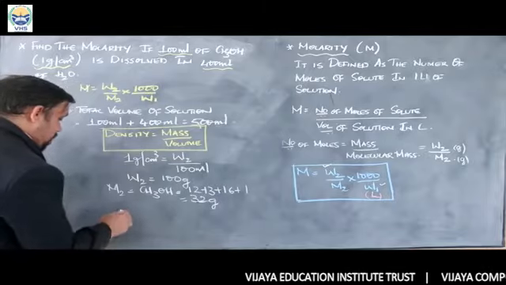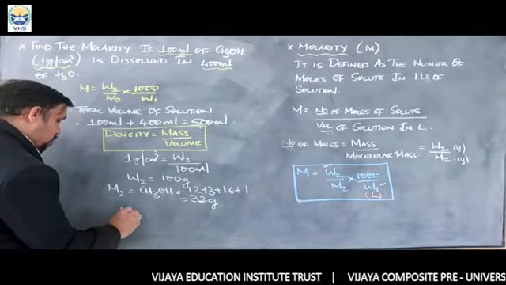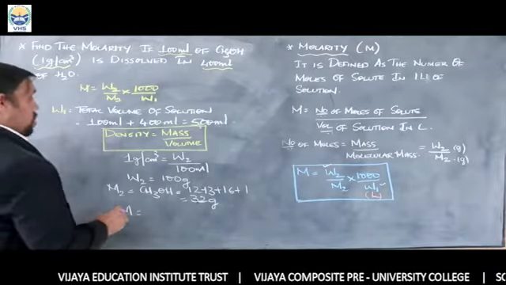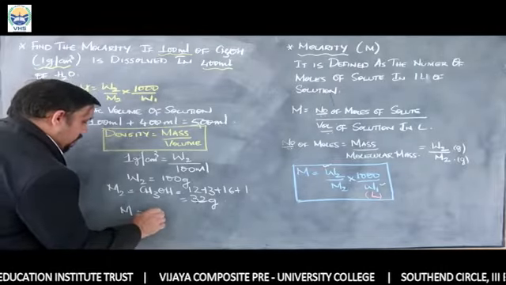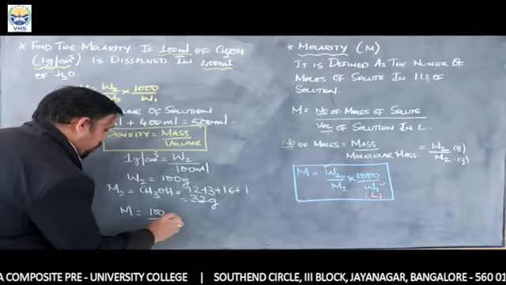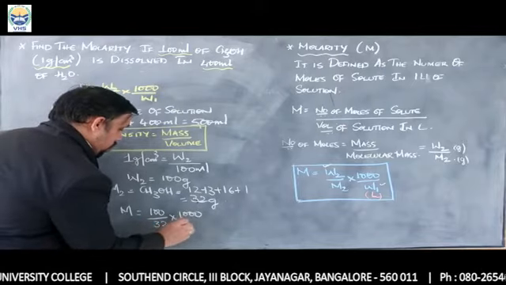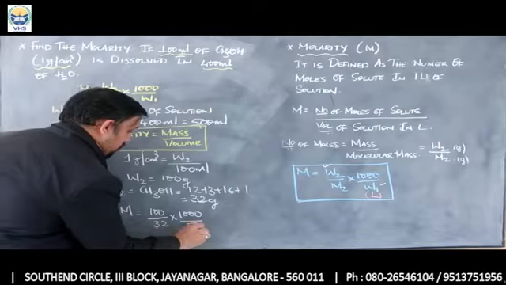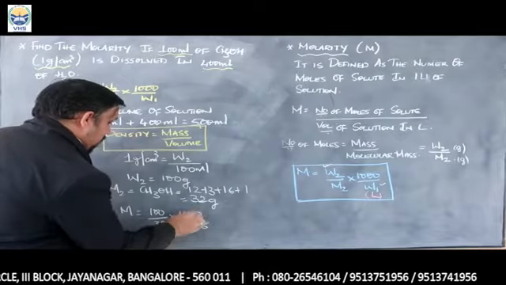Fine. So now can I easily find out, knowing all the values? So M is equal to W2 by M2, 100 divided by 32, into 1000 divided by 500. So I will just cancel it out.